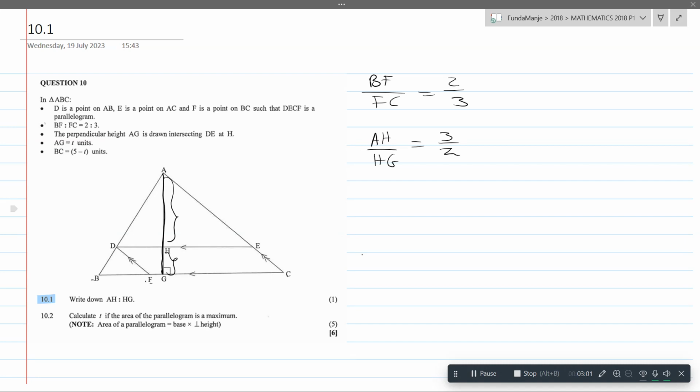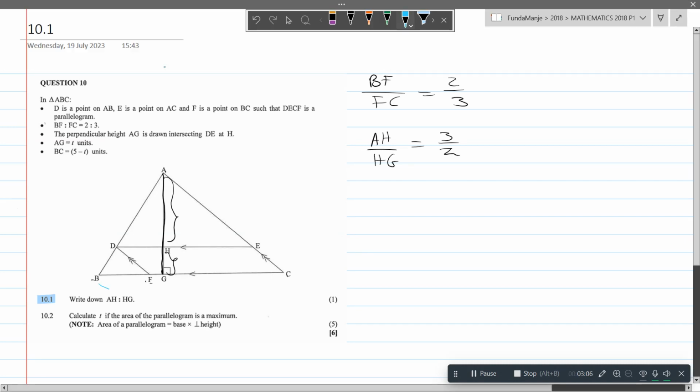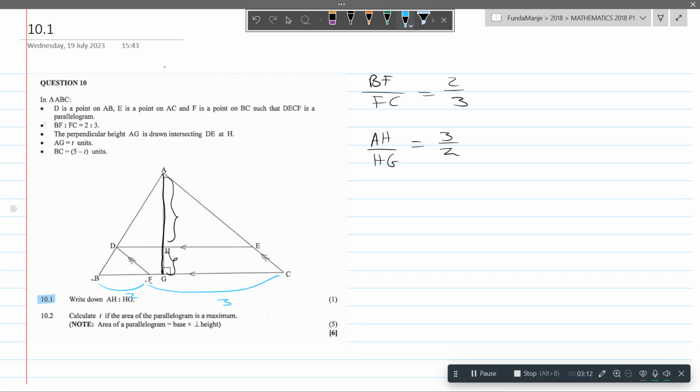So how we can get this is, we already know that BF is to FC is 2 is to 3. That will be the same for BD as to DA. This is also because of parallel lines, because DF is parallel to AC. So this will be 2 is to 3.